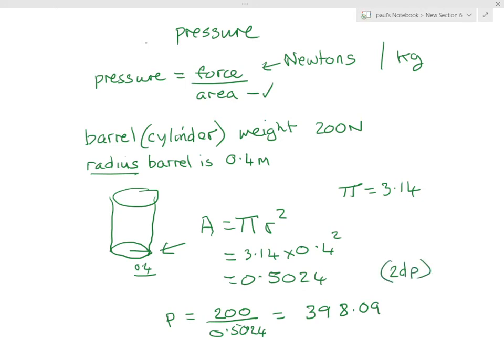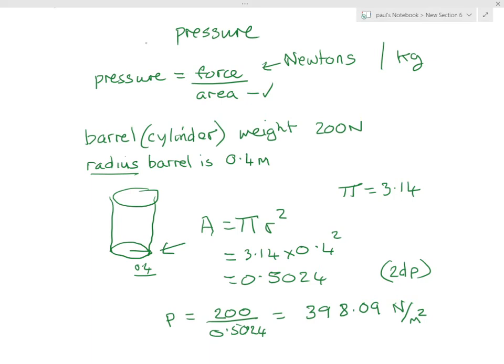And what is the unit of this? Well, it's going to be newtons per meter squared. That's pressure.